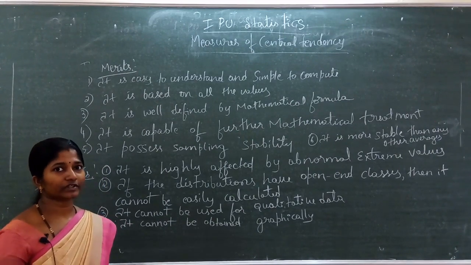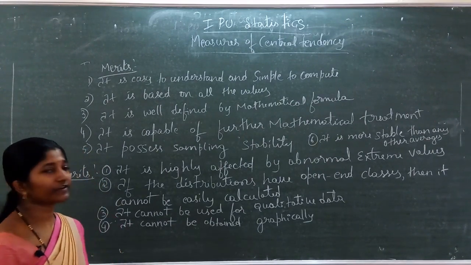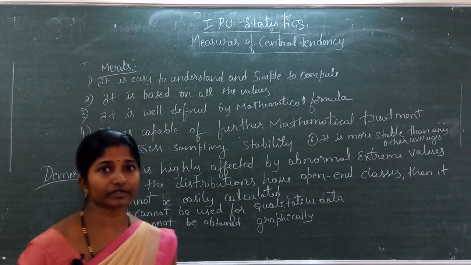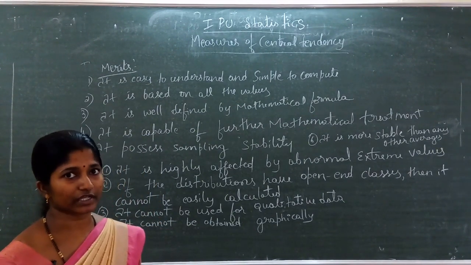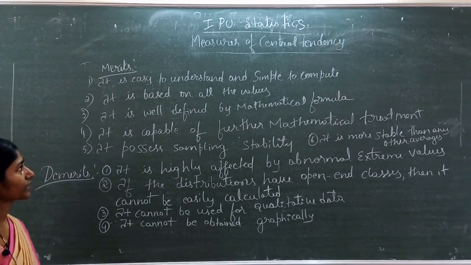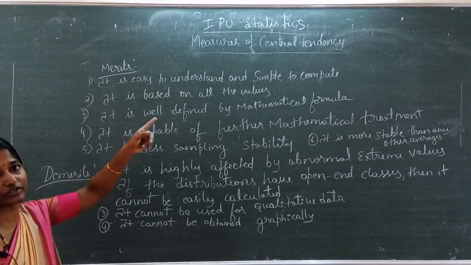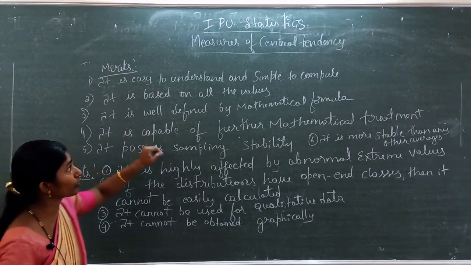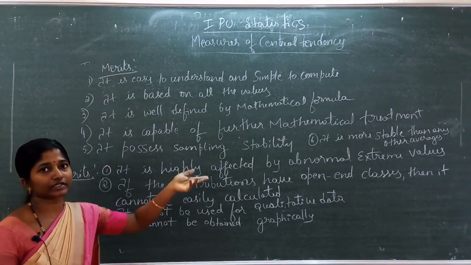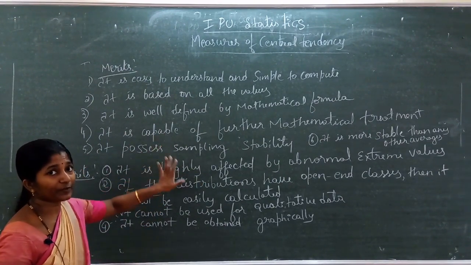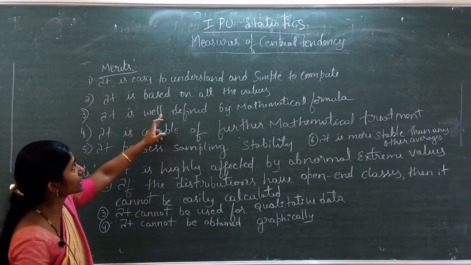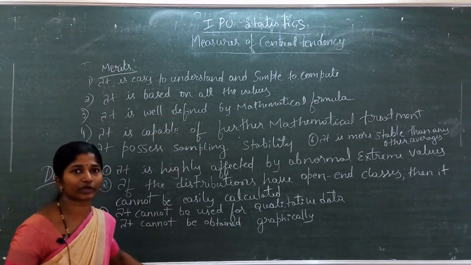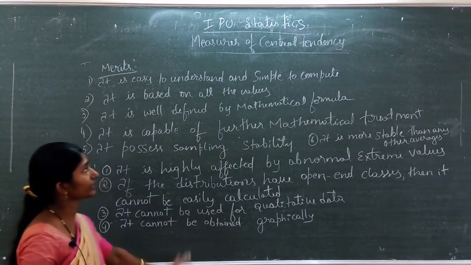We first studied the averages, the essentials of measures of central tendency, and I told what points are there, which are repeated here. One of the points is that it is easy to understand and simple to compute. Merit first, very easy.